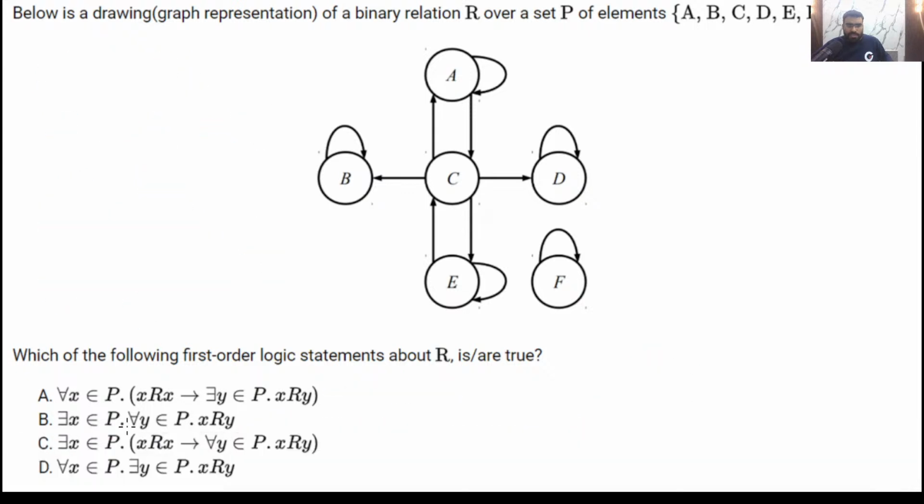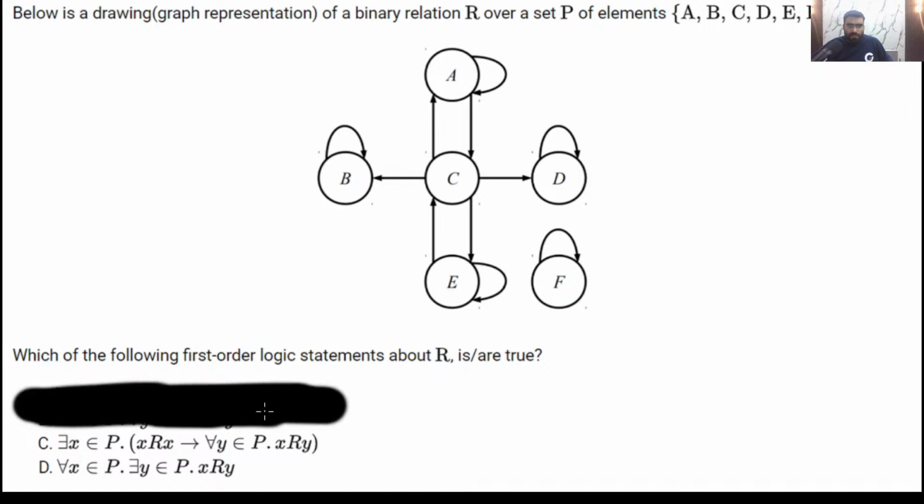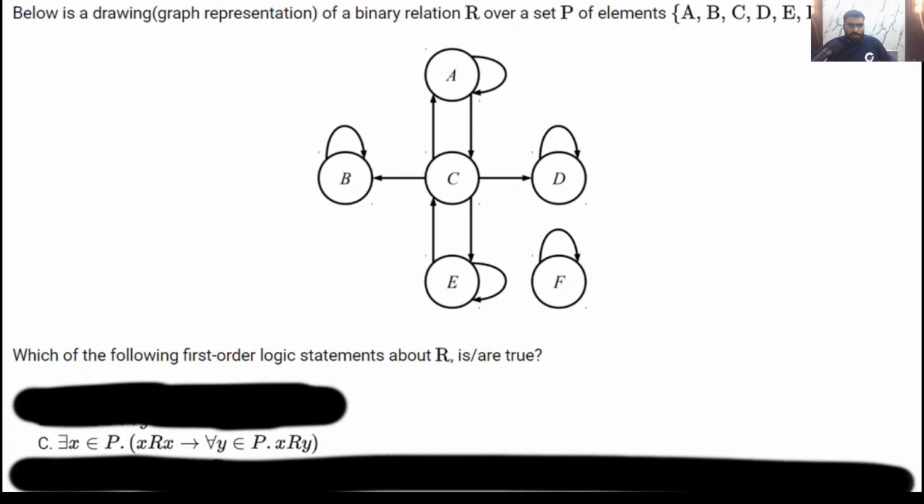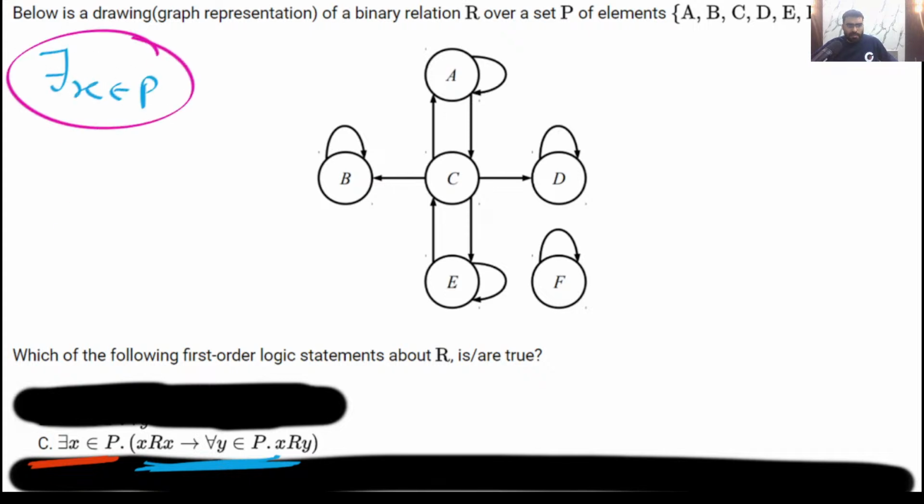What about option number C? Option C is saying that there must be some element for which this inner statement is true, for all y, x or y.